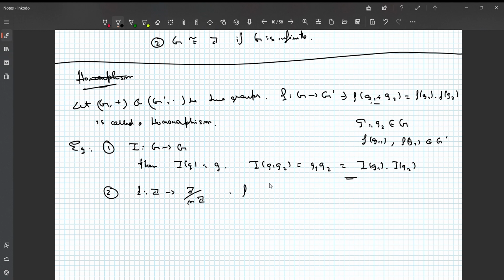If you define F from x to x plus nZ, then it's a well-defined homomorphism.